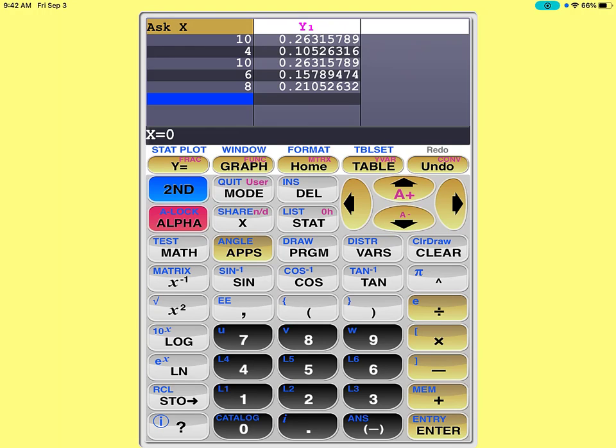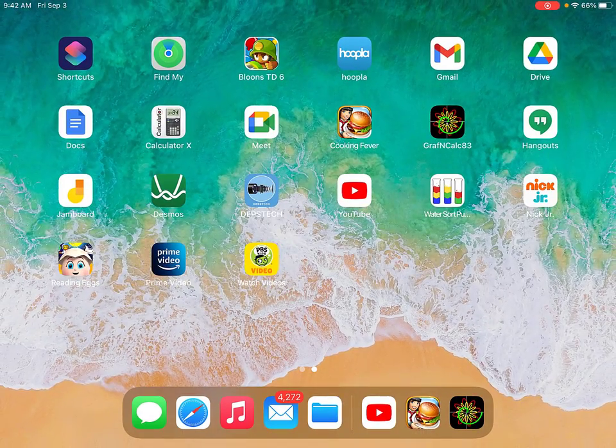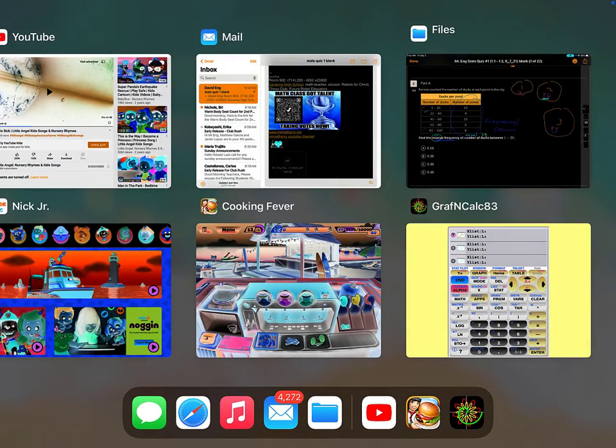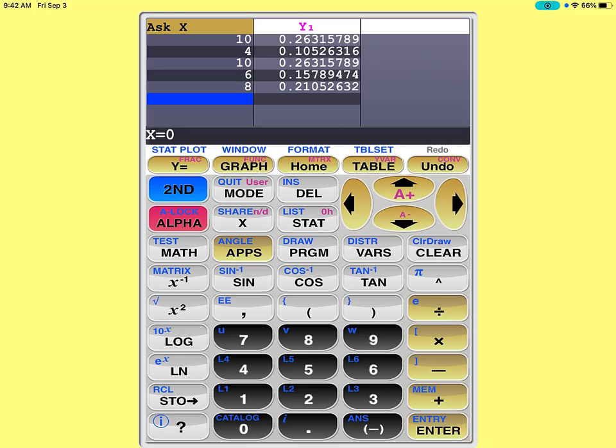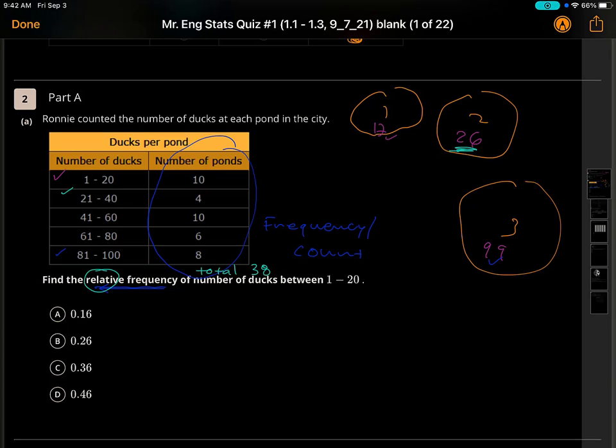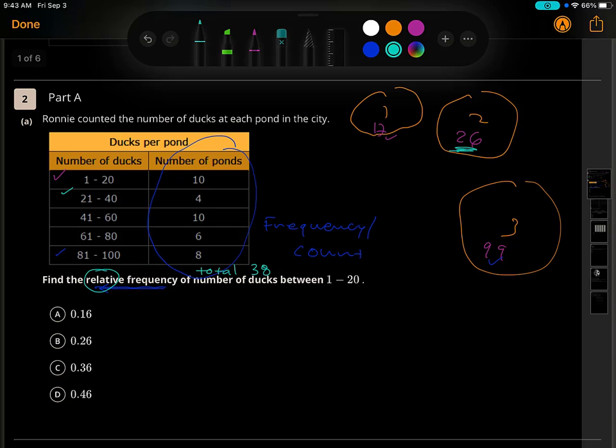And it's asking us for, I forgot which one, sorry, 1 to 20. And that was going to be 26. So my answer would be 26.